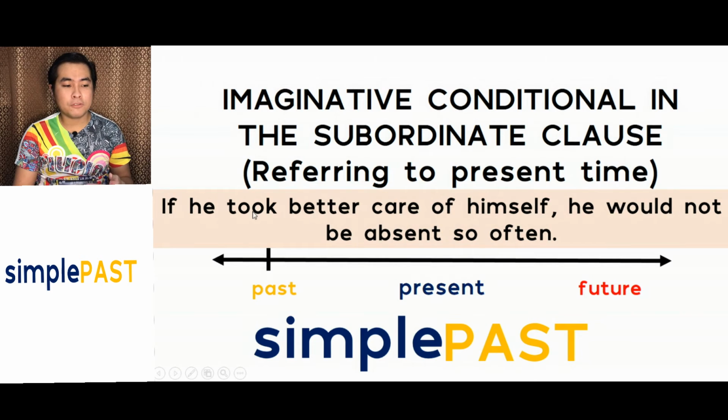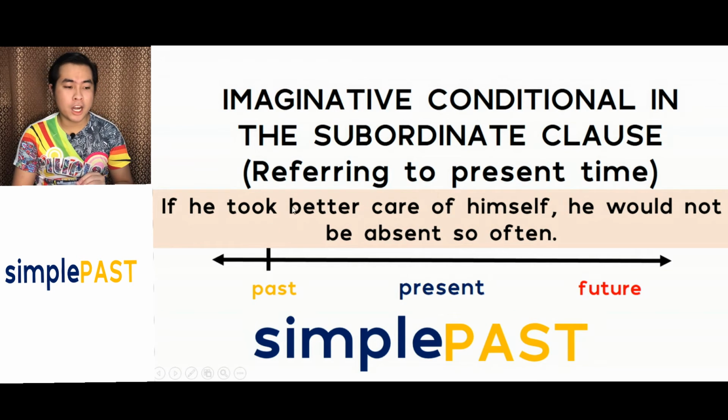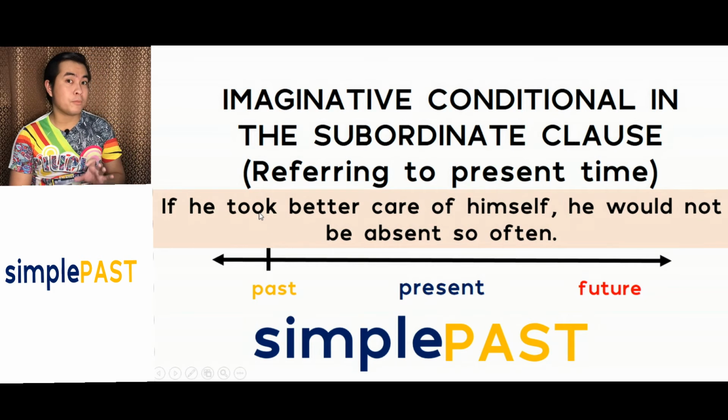So meaning if this happened, this could also happen. That is the reference to the present time. So the structure of the if clause here, the verb should be in the past form. Unlike in the simple present last time, remember that this one should be in the present form, right?